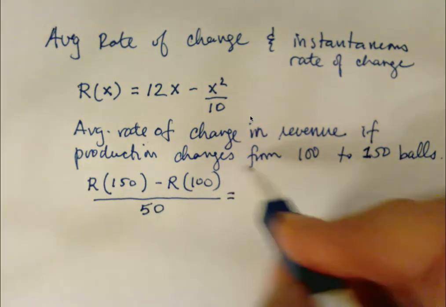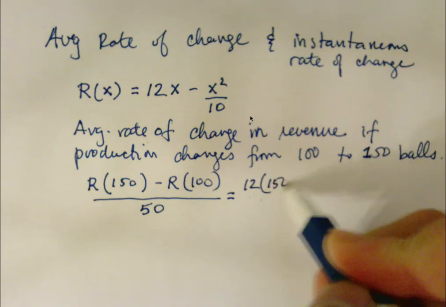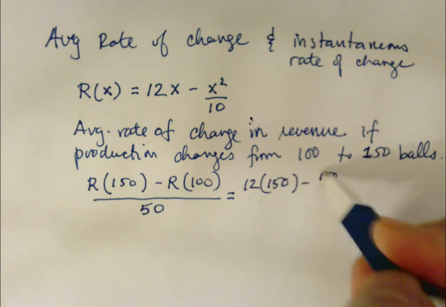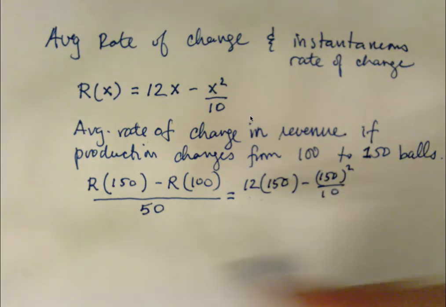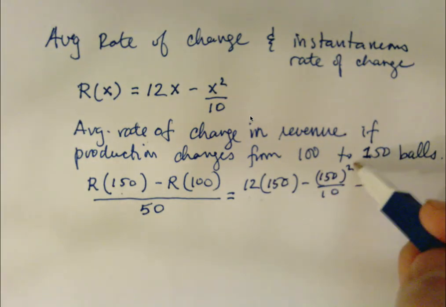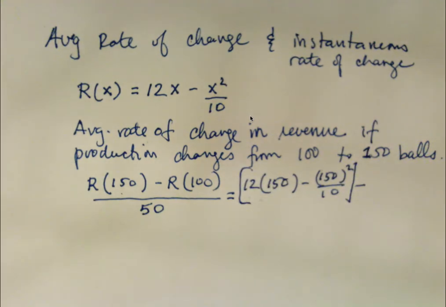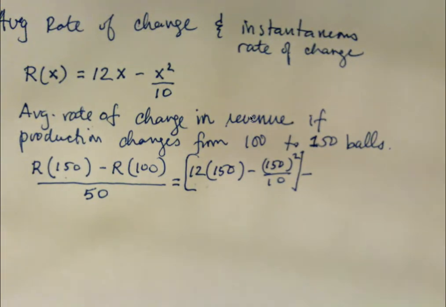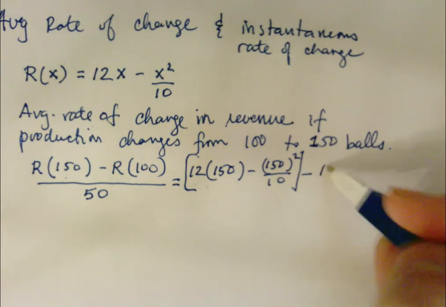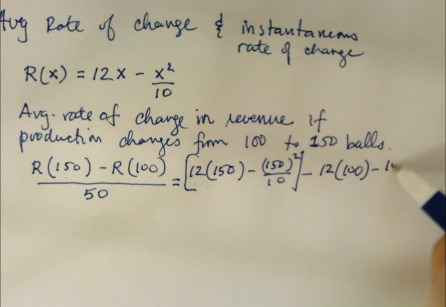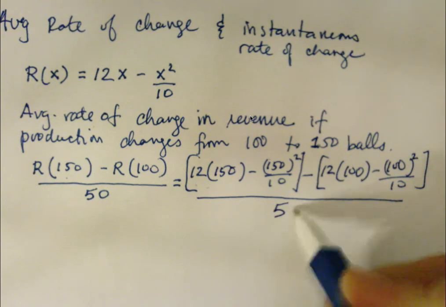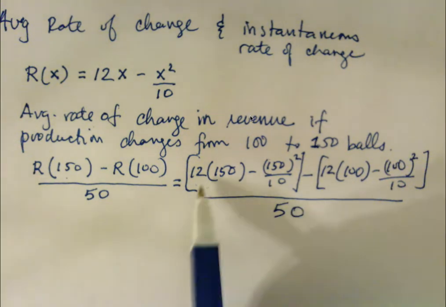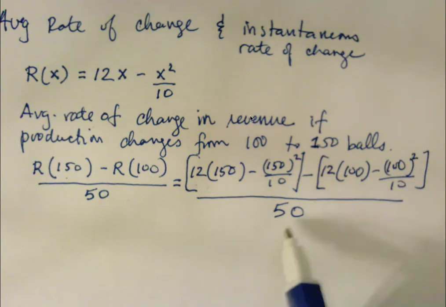So we just plug in: 12 times 150 minus 150 squared divided by 10, minus R at 100, so that's 12 times 100 minus 100 squared divided by 10, and this is all over 50. Now the rest is just computation. Multiply this, subtract this, multiply this, subtract this, and divide it over 50.